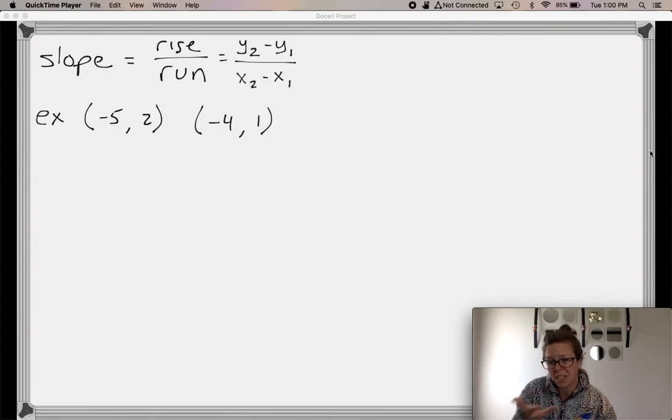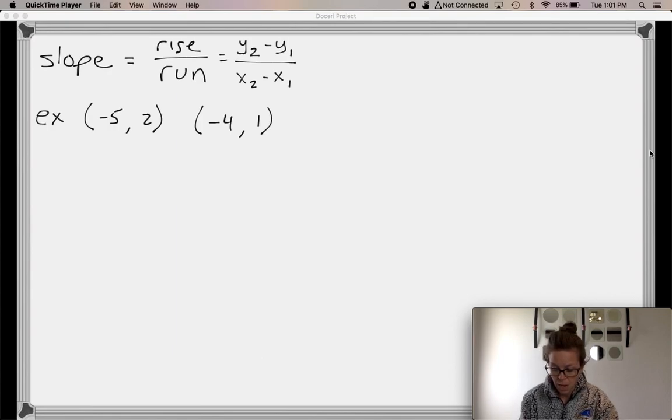That's a choice we're making. We could just as easily switch that up. That's why the formula doesn't matter whether it's the 1's or the 2's that come first, as long as you are consistent. So if I do my y2 first, then I also have to do my x2 first. That was a really good question that came up a few times after the last video.